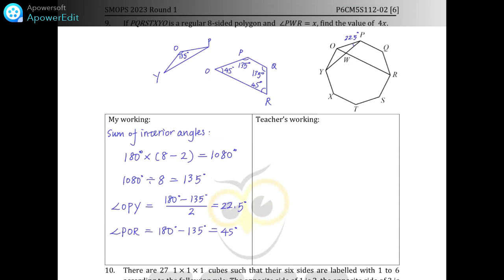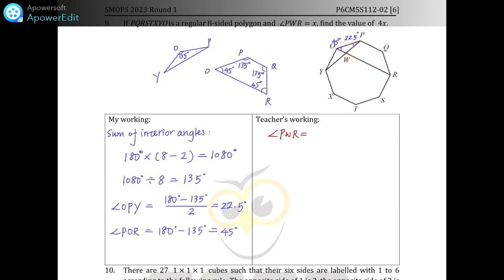And we can find the angle PWR. This one is 45. If you take a look at this small triangle, PWR is the exterior angle, equal to the sum of these two interior angles.